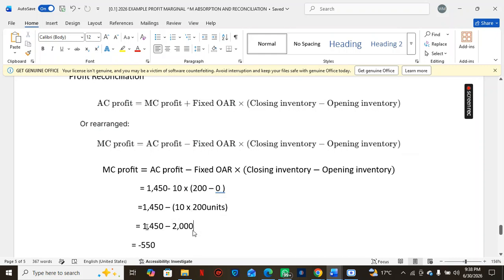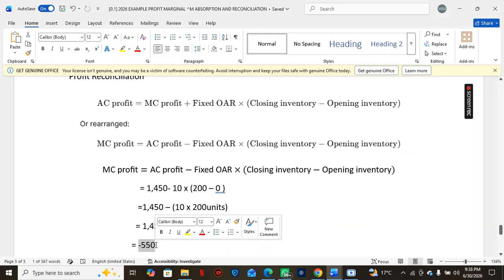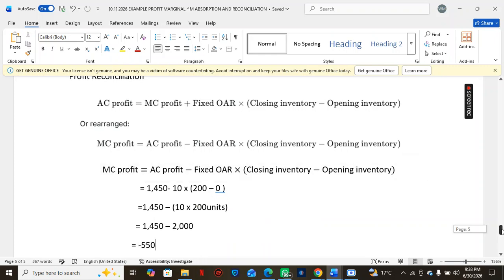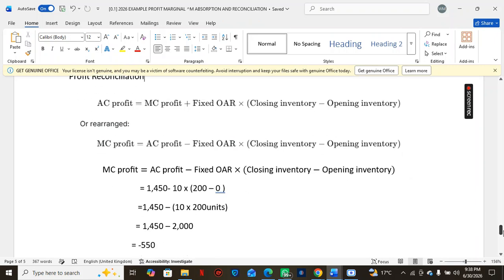Then 1,450 minus 2,000, you get negative 550, which is the marginal costing profit, which we got here, negative 550. Any questions, colleagues?